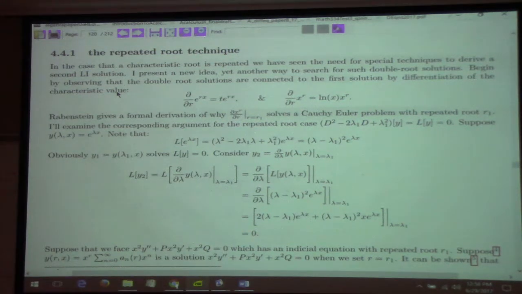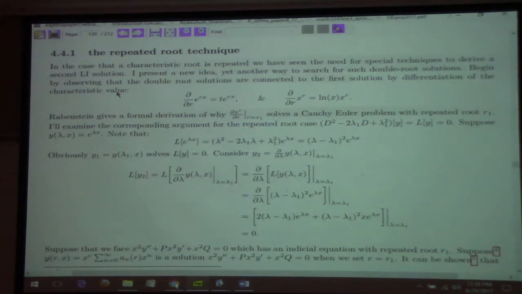So this is the argument for why differentiating with respect to a parameter works in the constant coefficient case.